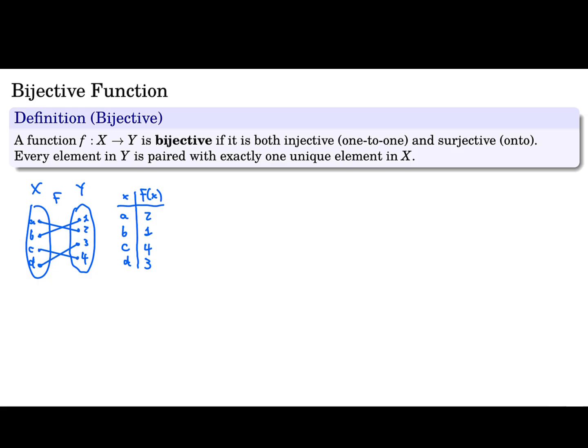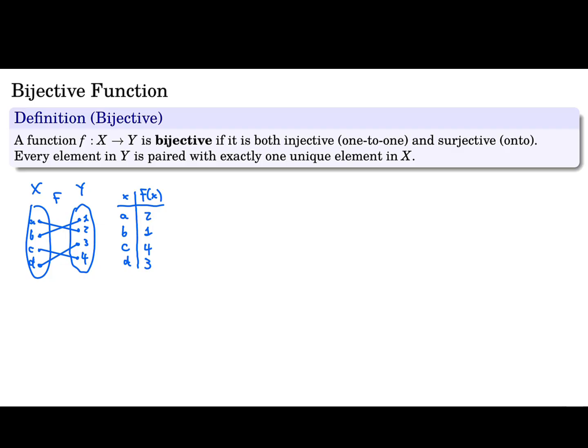Again, if you look at this column here, it just says that all the elements of Y appear here. And that is the case. So if you combine both of them, what we're saying in terms of the table is that every element in Y not only needs to appear here, but it must appear exactly one time.